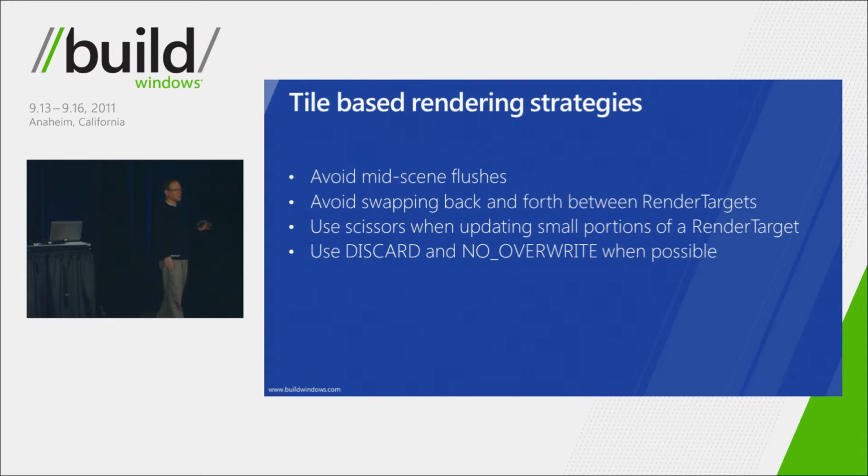So also, when you're using textures, let's say you have a large texture that you're using in a flyover, and you know that the user can't actually jump way ahead, so you're going to page in along the way.